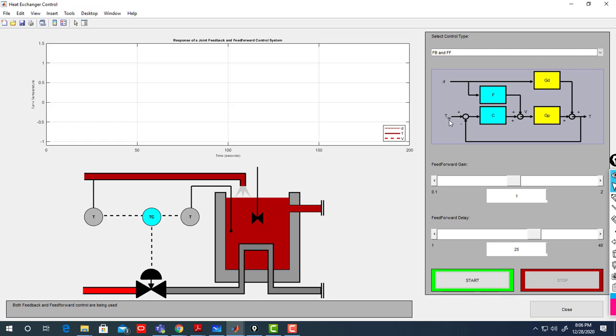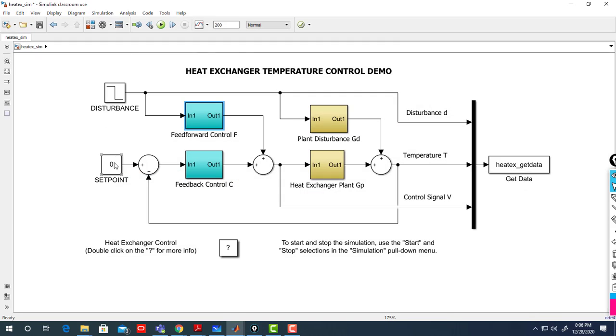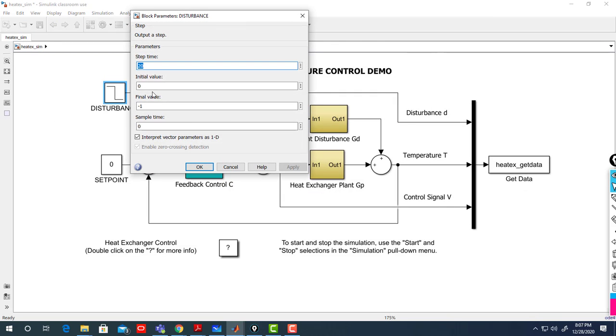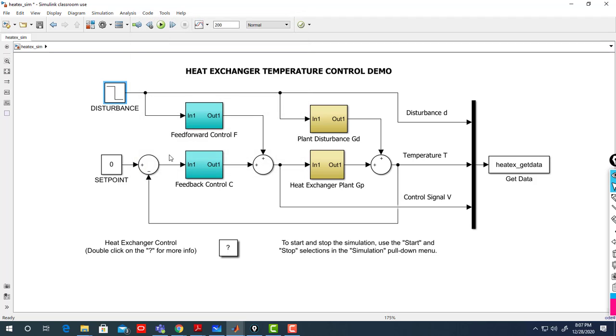Is it following the 0 set point or not? That's what you care about. And the disturbance is what kind of disturbance you are applying. Well, as the set point is constant, I'm setting it to 0. At time equal 20 seconds, I'm applying a step disturbance of -1.